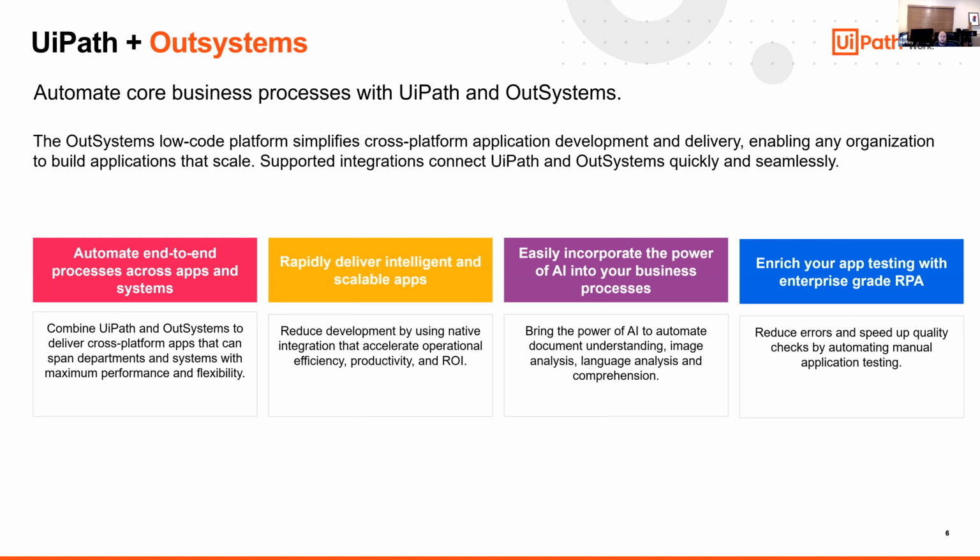So if you think about all those different user interfaces and user actions that you're setting up as part of your OutSystems application, those are all now testable and you can perform end-to-end testing across both the application and RPA.